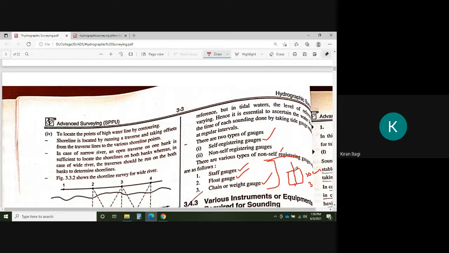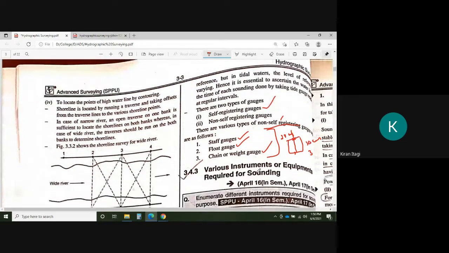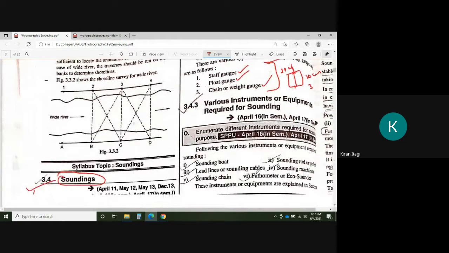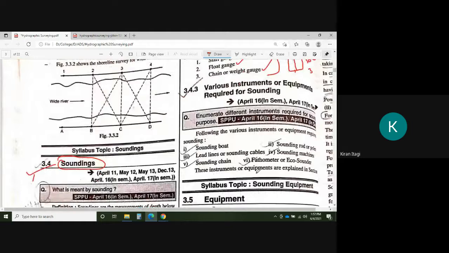At the top water level I will get the reading, say 23 centimeter. This is a type of sounding which is done manually. That is called a staff gauge. Similarly, we have floating gauge, chain and weight gauge. We will see them in detail one by one.